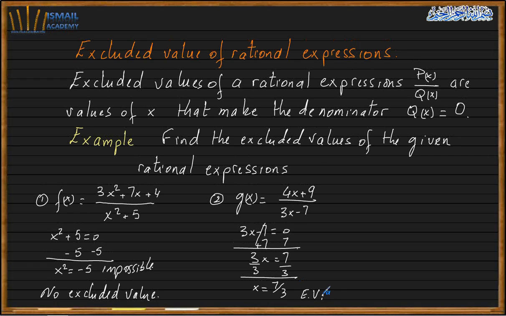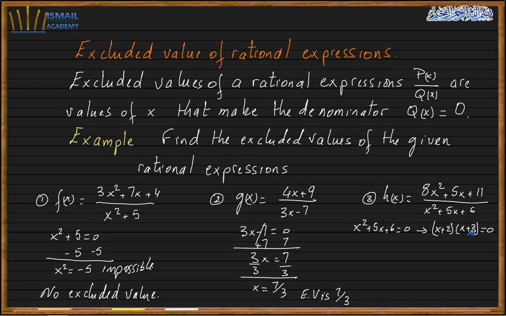For a third example, suppose the denominator is x squared plus 5x plus 6, set equal to 0. I factor by any method, so x plus 2 times x plus 3 equals 0.